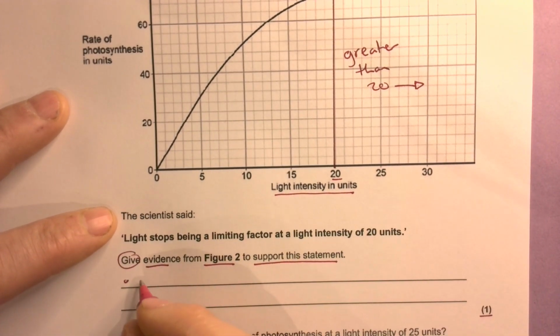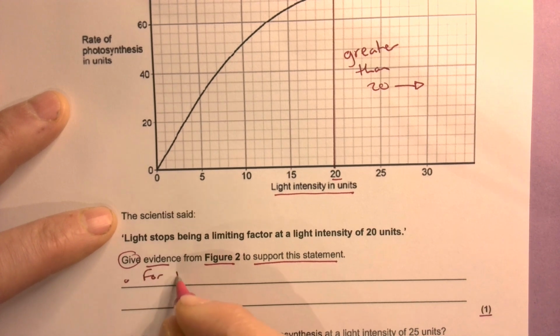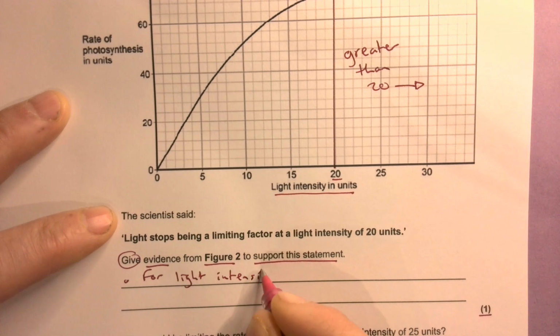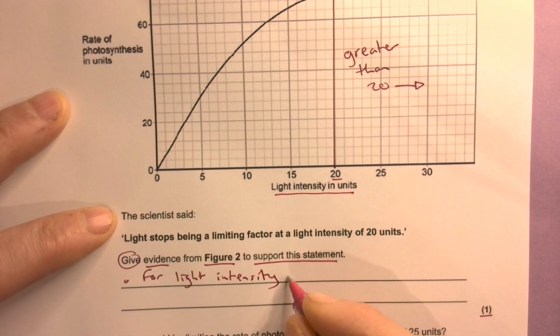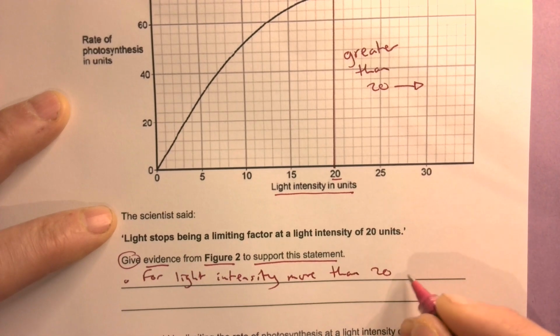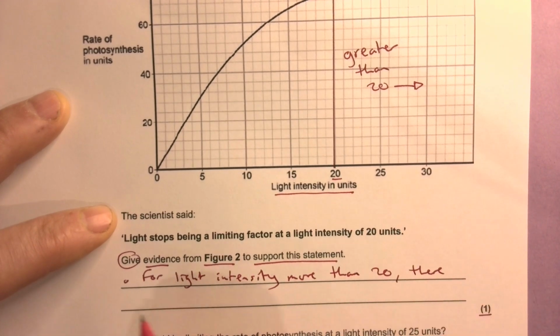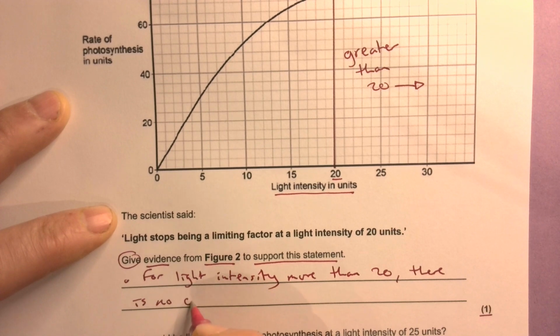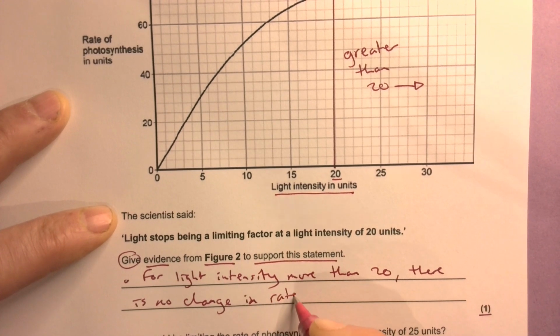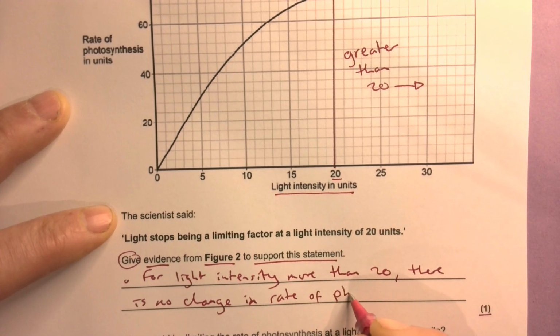So for light intensity more than 20, there is no change in rate of photosynthesis.